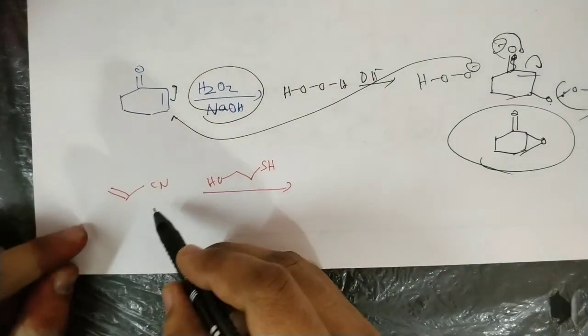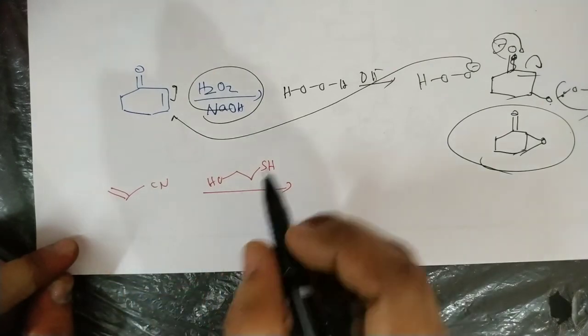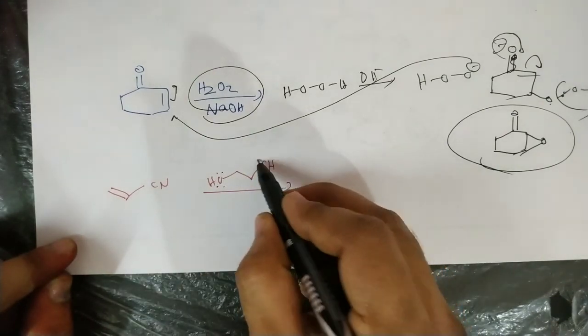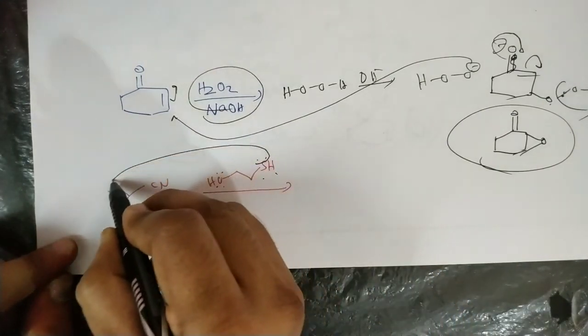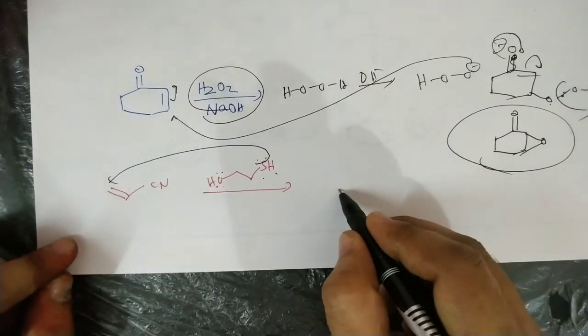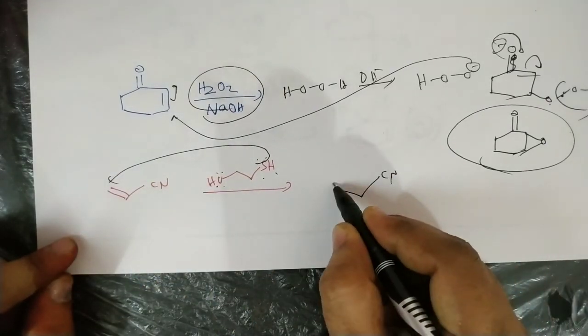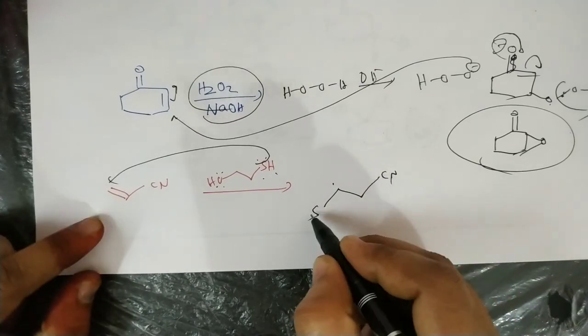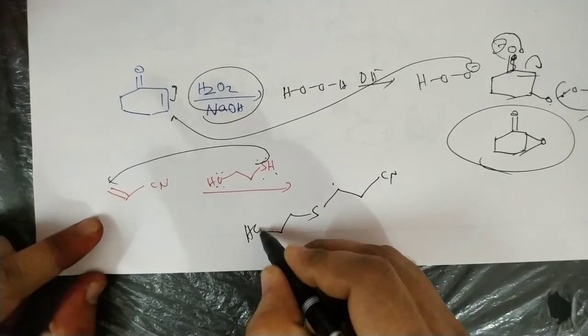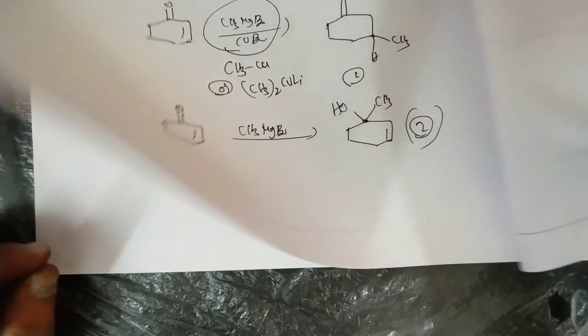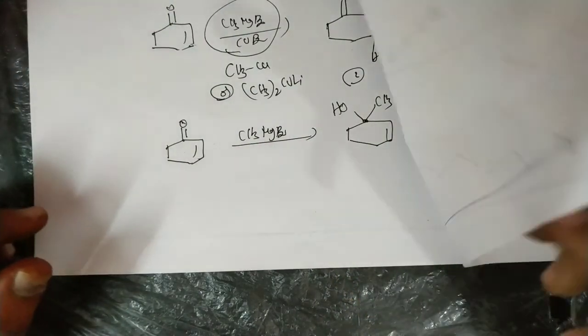Okay, and next, for cyanides, alpha beta unsaturated cyanides are also involved in conjugate addition. Here OH and SH are more nucleophilic, so conjugate addition takes place. Here the product is CN, and in this case sulfur, CH2 and OH. Okay, so these are the conjugate addition reactions actually.